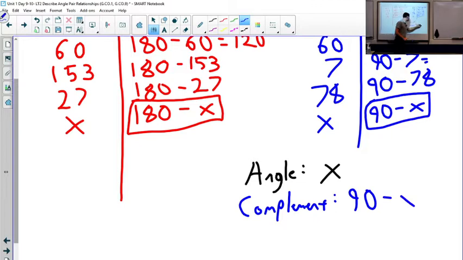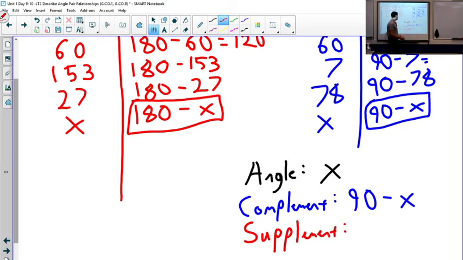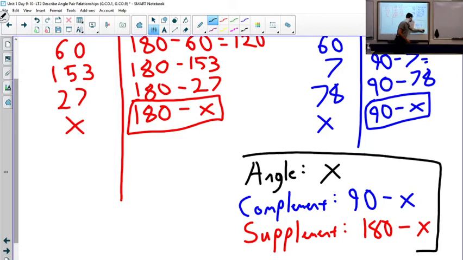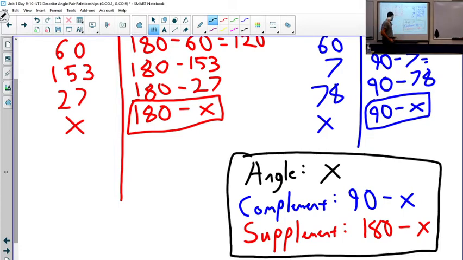So 90 minus x is going to be our pattern whenever we see complement. 90 minus x for complement, and for supplement, our pattern is to take 180 minus whatever our angle is. 180 minus x. This is what you want to make sure that you write down. This is our pattern for finding the complement and supplement.